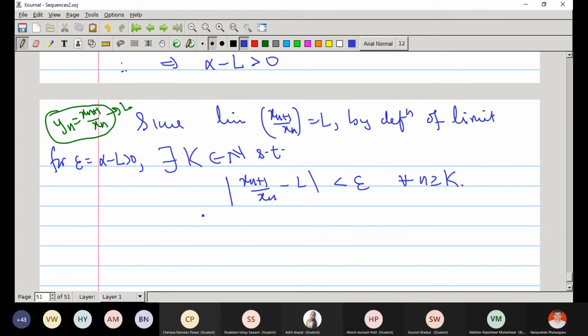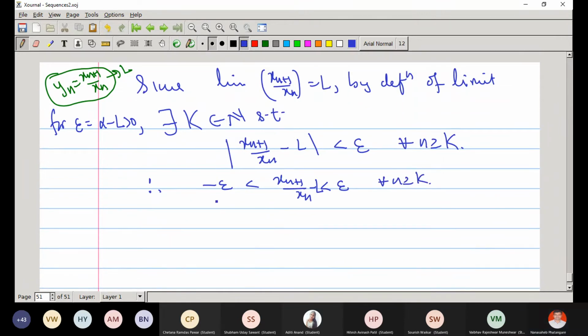Therefore, minus epsilon less than xn plus 1 upon xn minus L is less than epsilon for all n greater equal k, right? But what is epsilon?